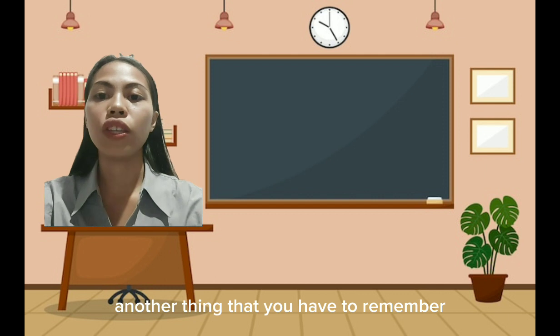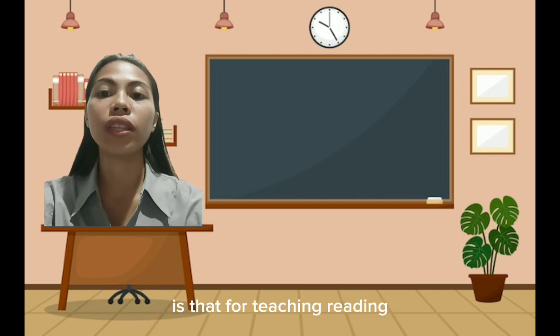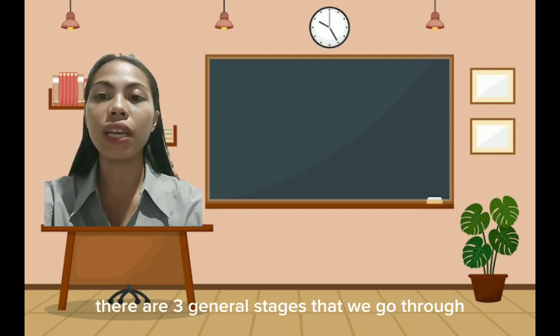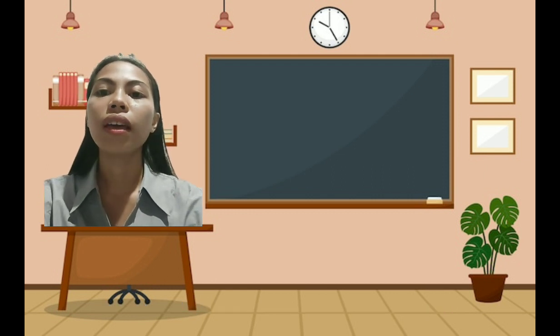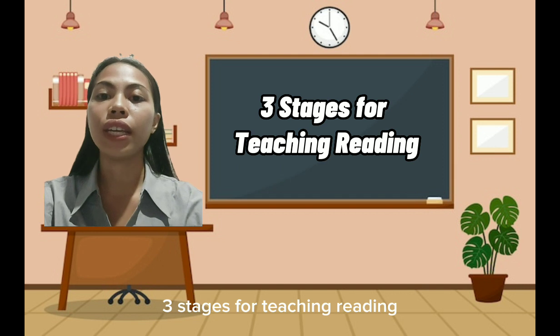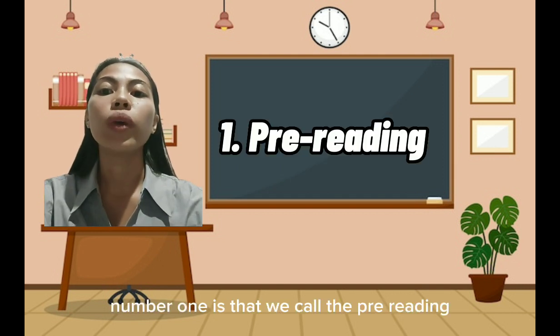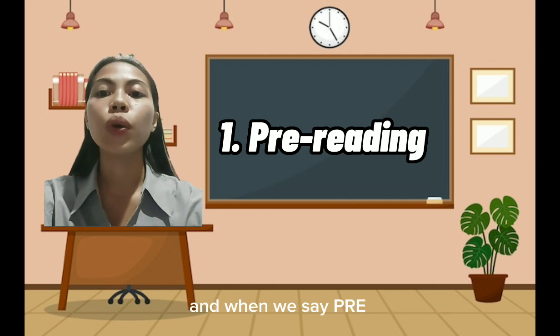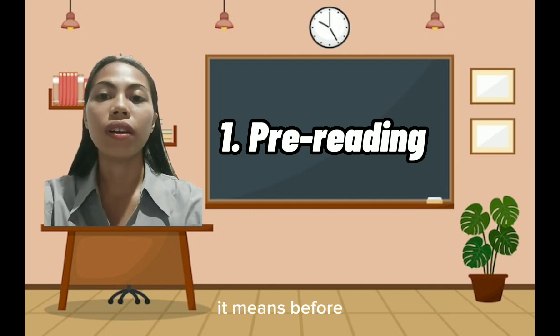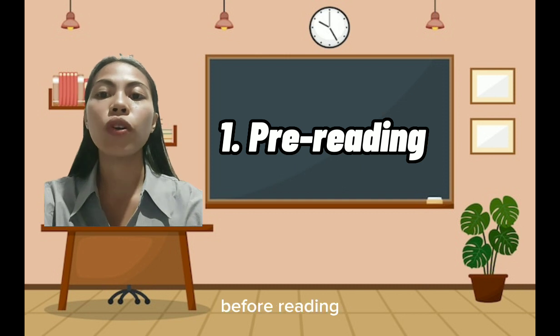Another thing that you have to remember is that for teaching reading, there are three general stages that we go through. Three stages for teaching reading. The first stage, number one, is what we call the pre-reading, and when we say pre, it means before reading.